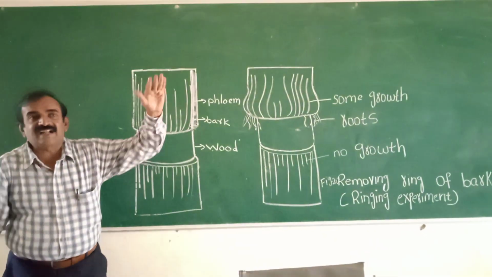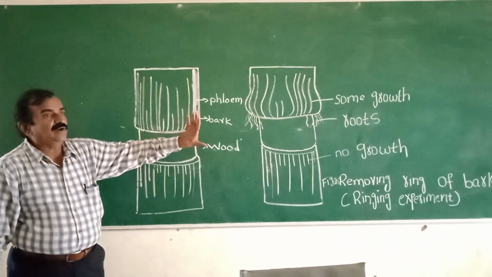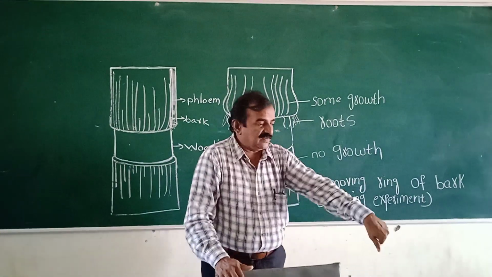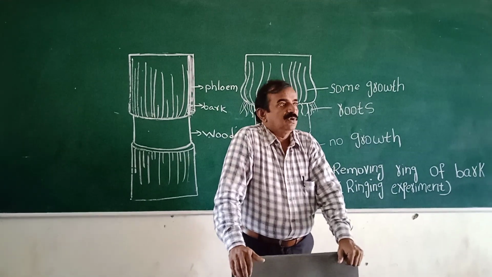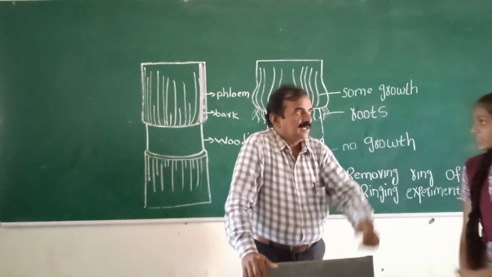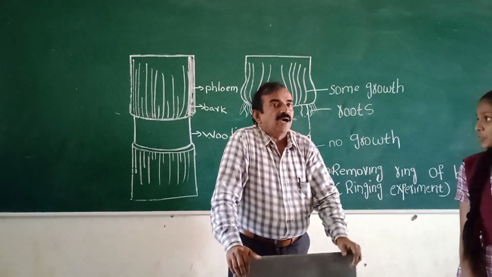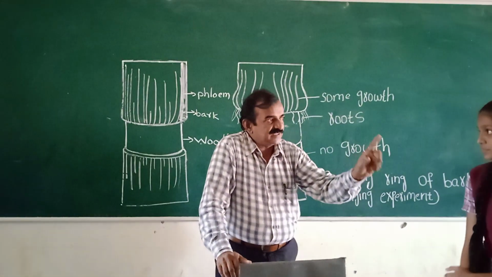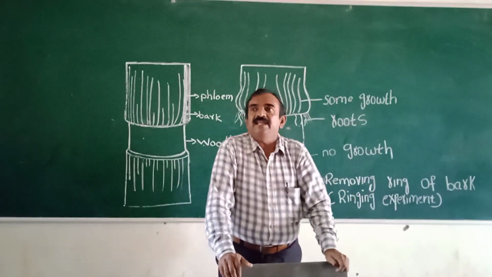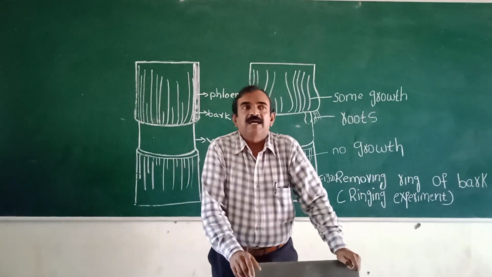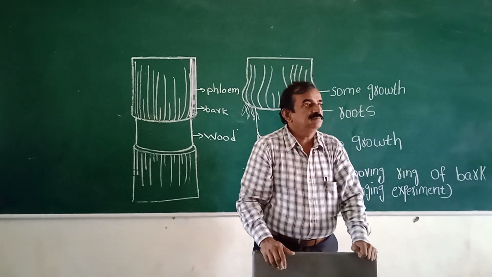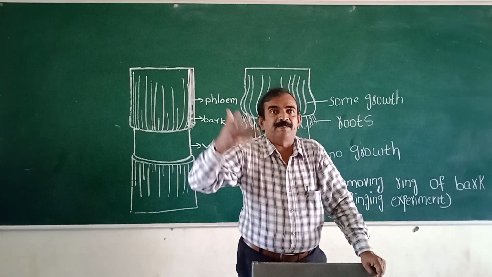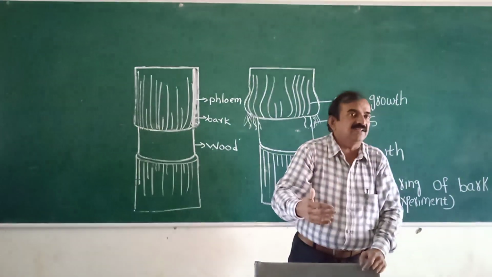How is food transported in a plant? What is the function of a leaf? Preparing their own food. Leaves are green in color because they consist of chlorophyll.